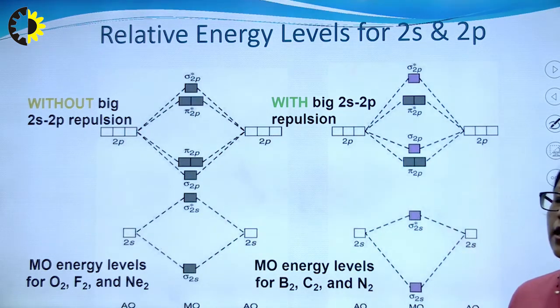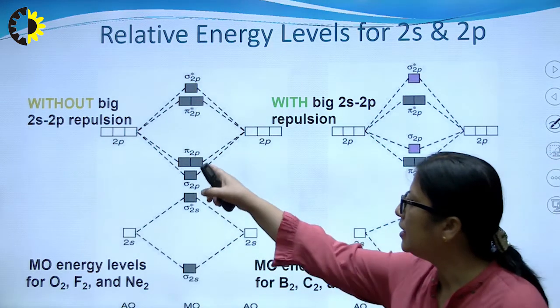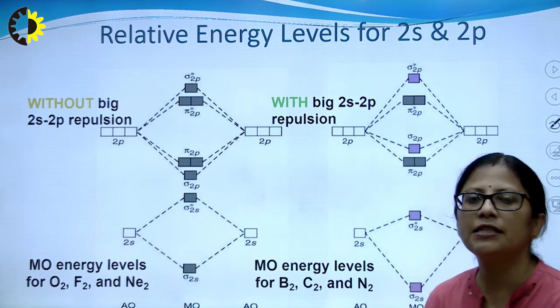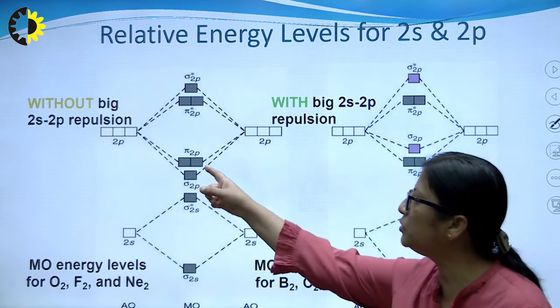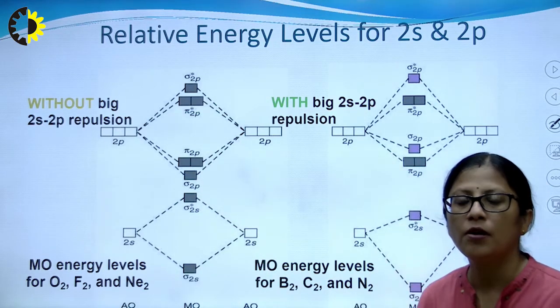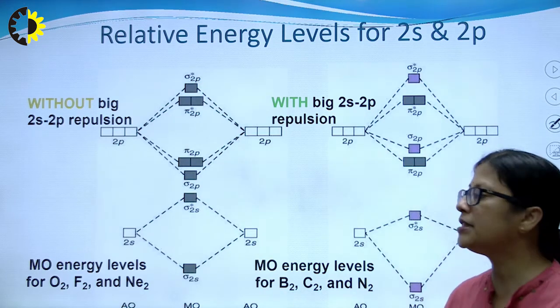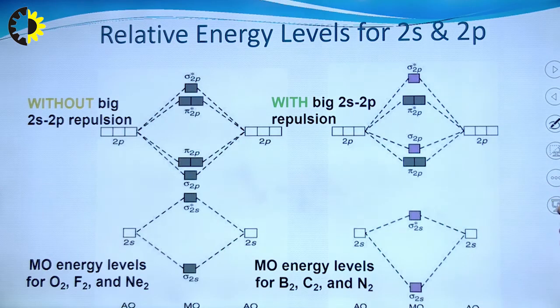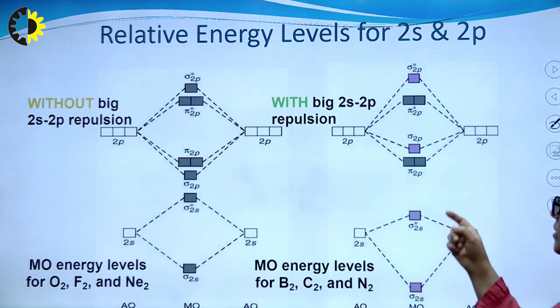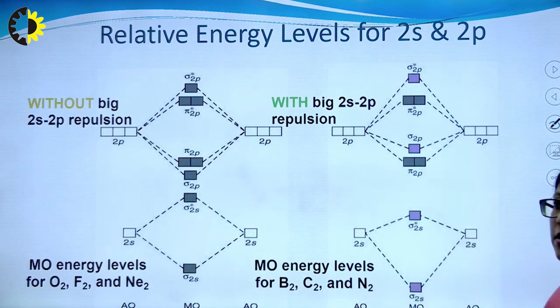So, when there is less repulsion, then this sigma 2p, which is stable, is lower in energy in comparison to the pi 2p orbitals. Whereas, when there are interactions between the 2s and 2p orbitals, the pi 2p orbitals become lower in energy because of the repulsion between sigma 2s and sigma 2p, which leads to the stabilization of sigma 2s and destabilization of sigma 2p.